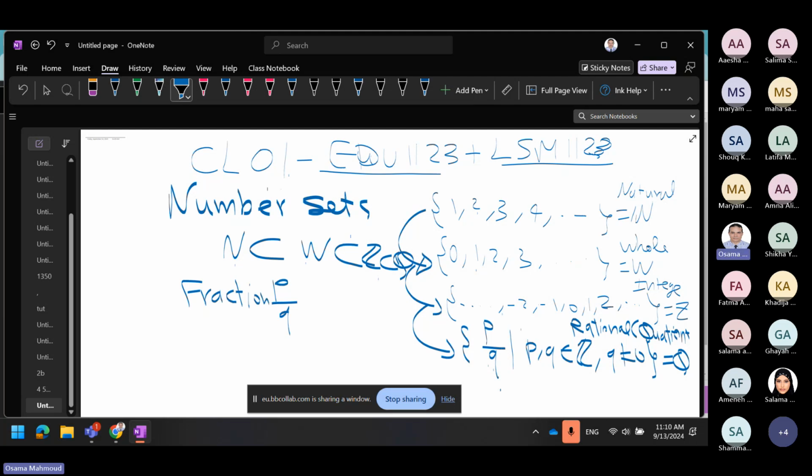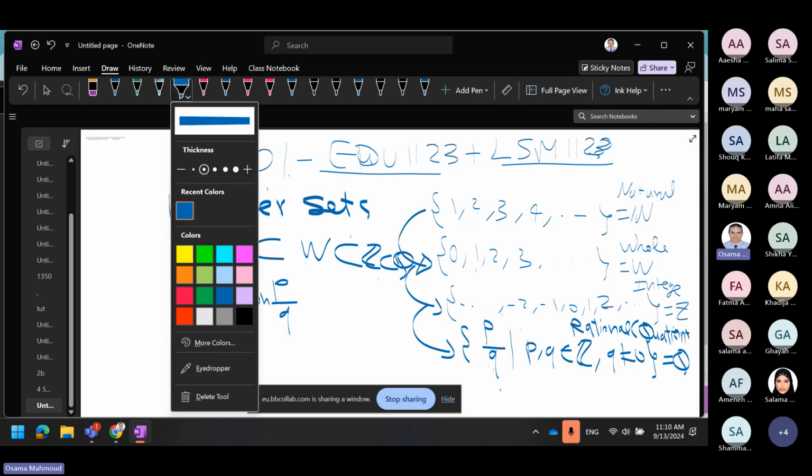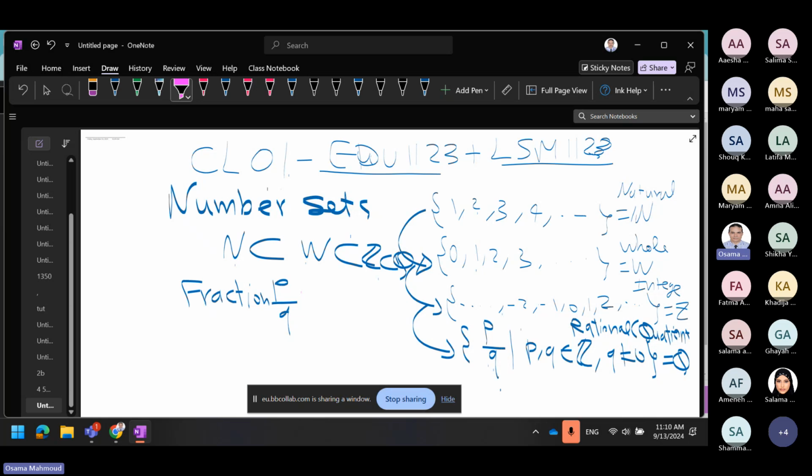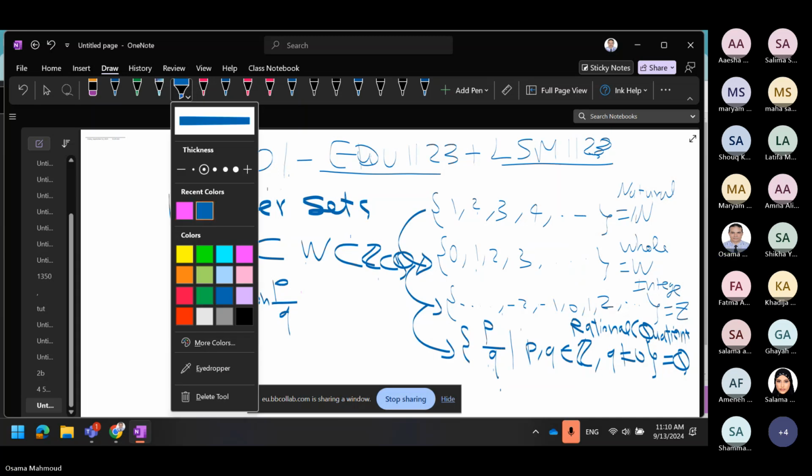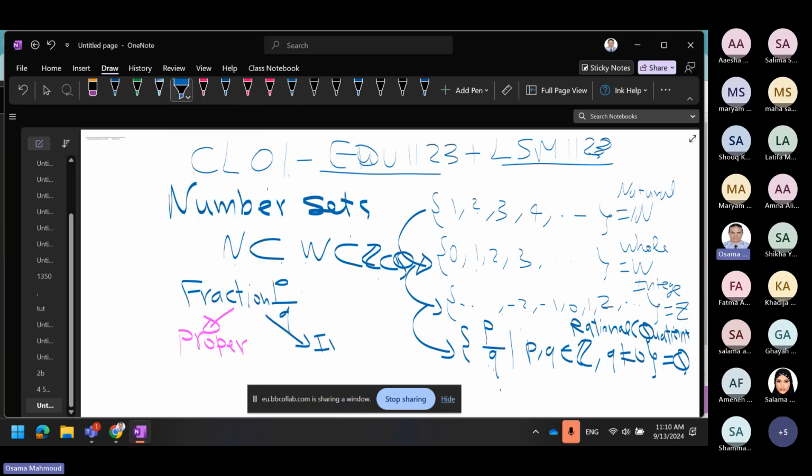You have two types of fraction: proper fraction and improper fraction. When is a fraction proper? If the numerator is less than the denominator. Only this? No. You also need no common factor between the numerator and denominator.